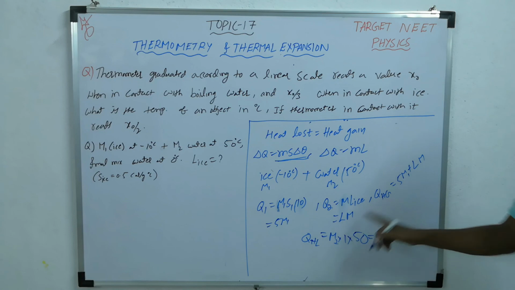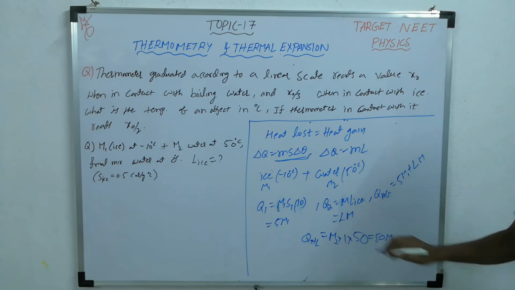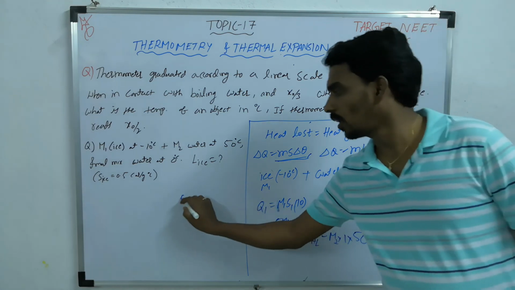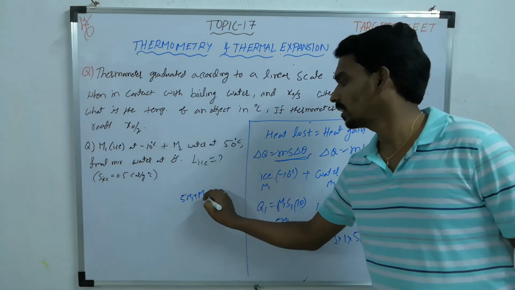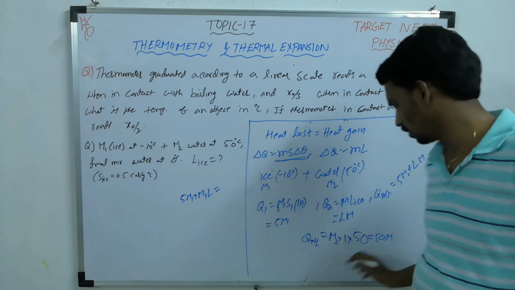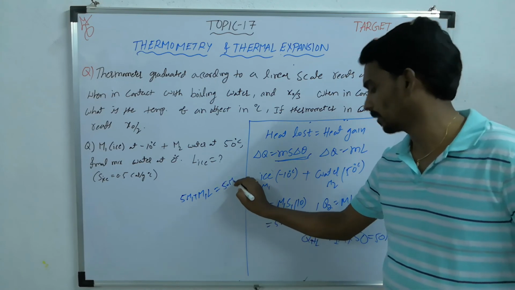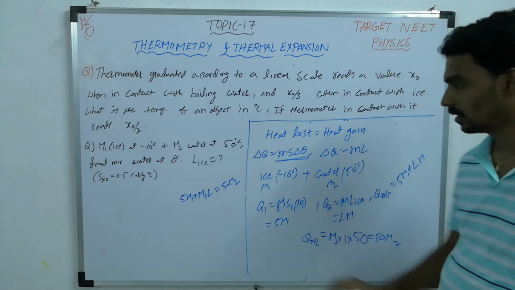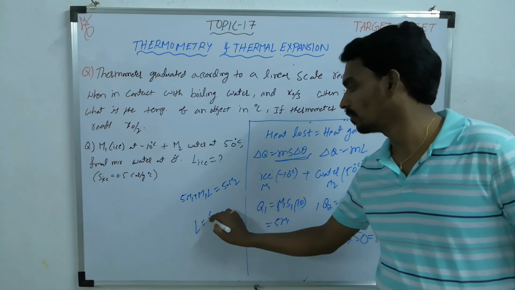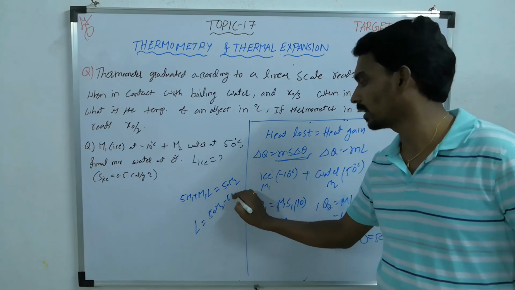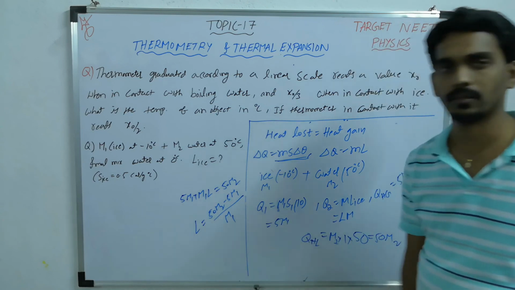Now heat lost equals heat gain, so if you equate both of them, you will get the answer. 5 m1 plus m1 L equals 50 m2. So L will become 50 m2 minus 5 m1, divided by m1.